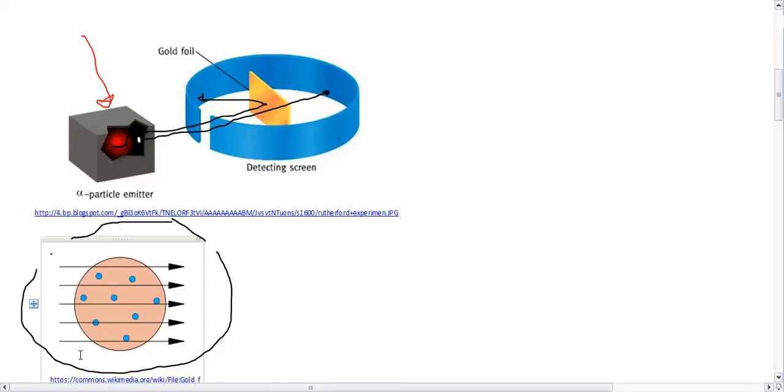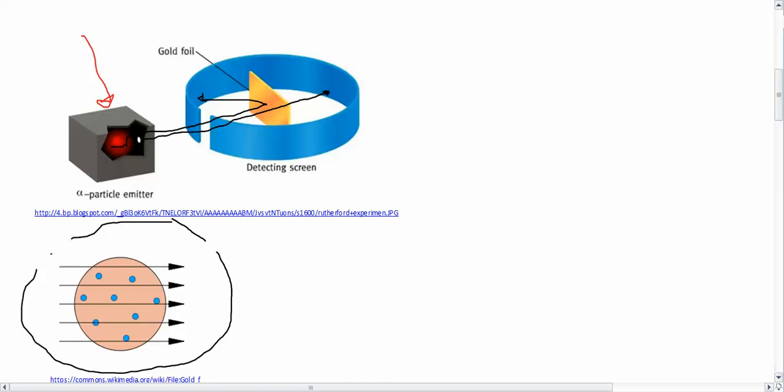The pink beige background is the positive dough, and the blue dots are the negative electrons, or the chocolate chips. But there's nothing super dense or super hard or super big inside the atom. So the hypothesis is that the alpha particles will just go straight through. Right? So if J.J. Thomson's model of the atom is correct, the alpha particles should just go straight through the middle.